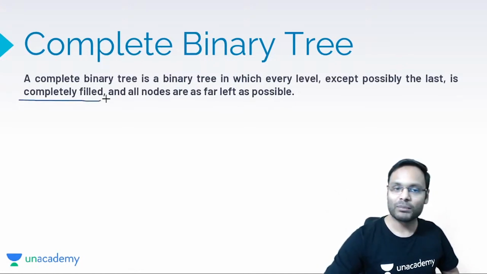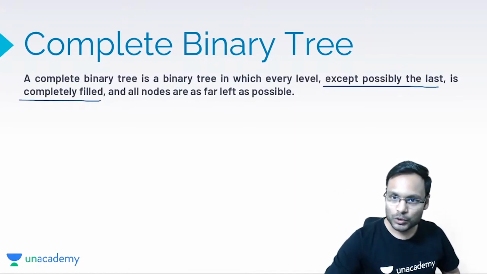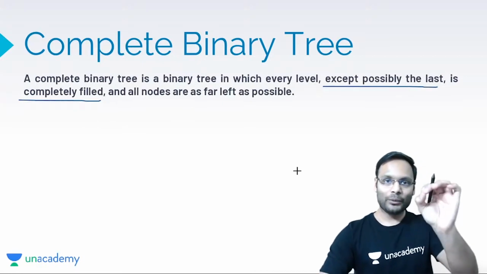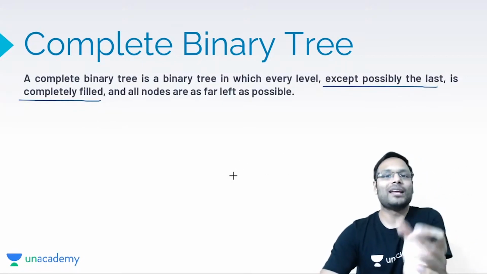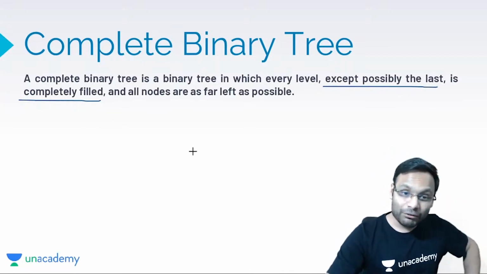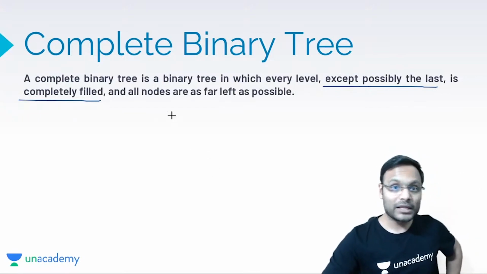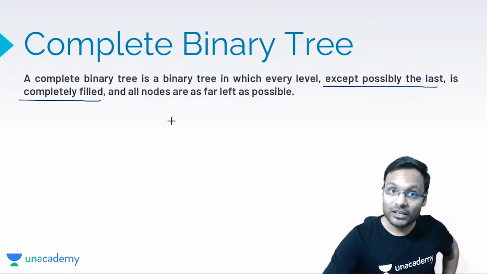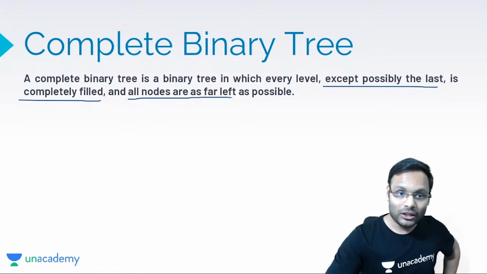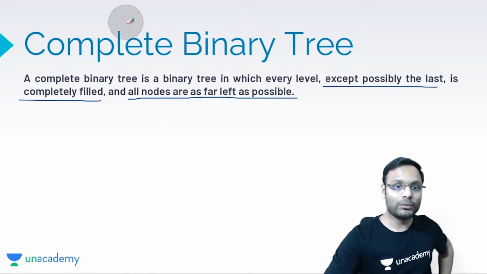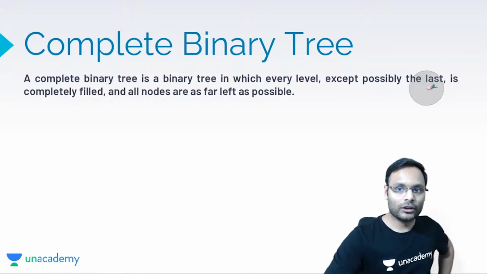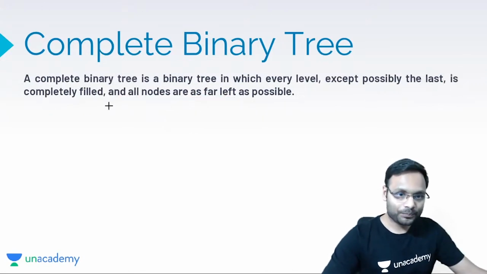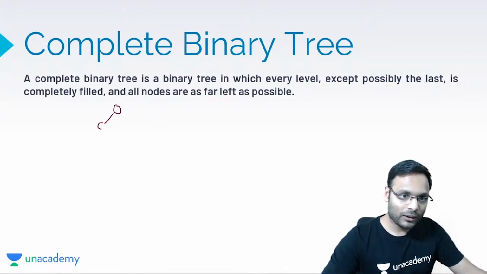Completely filled means maximum nodes, except possibly the last one. On the last level, you have relaxation that you can have less than maximum nodes. But if the last level has less than maximum nodes, there is a restriction: all nodes on the last level should be from left to right. This is an example of a complete binary tree.